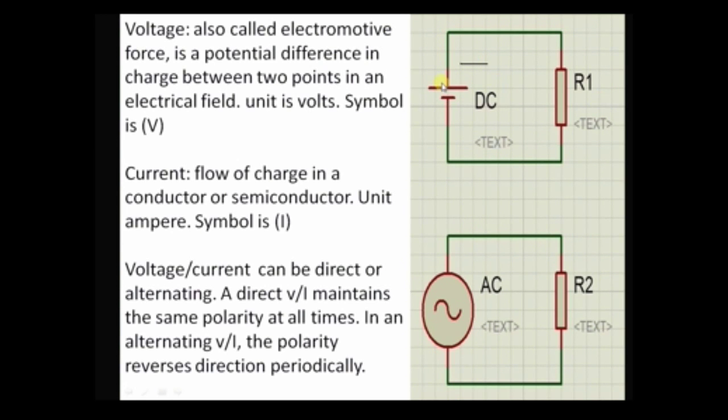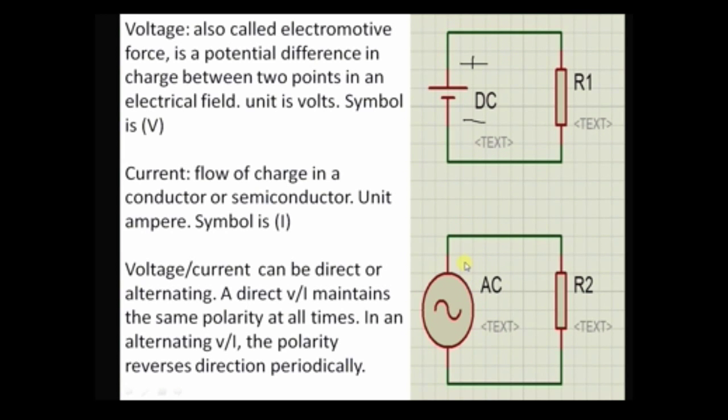In direct voltage or current, polarity doesn't reverse. Polarity remains the same throughout the time. It means if this terminal is positive and this terminal is negative, then it will remain the same the whole time. But it's not the case in an AC circuit.